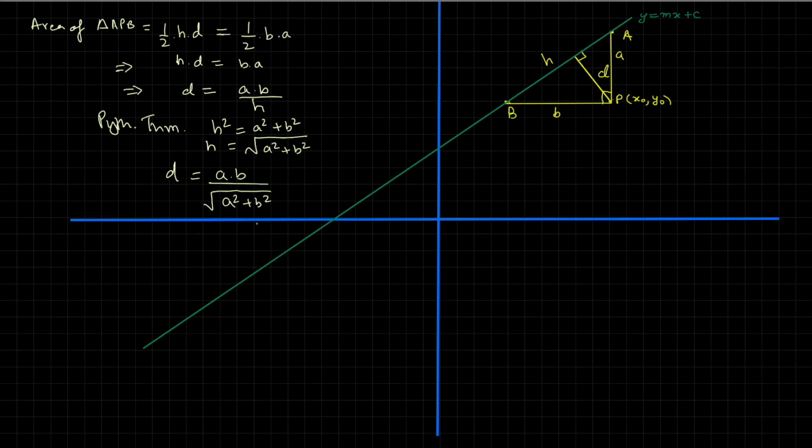Now if we look at the slope of the green line here, we know from the equation of the line that the slope is m. But as we know, the slope is defined as rise over run, or in other words, delta y by delta x. So from the triangle APB, we can see that the rise is a and the run is b. So we can write m as a divided by b.